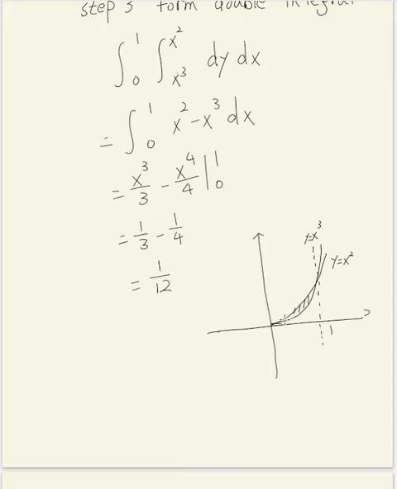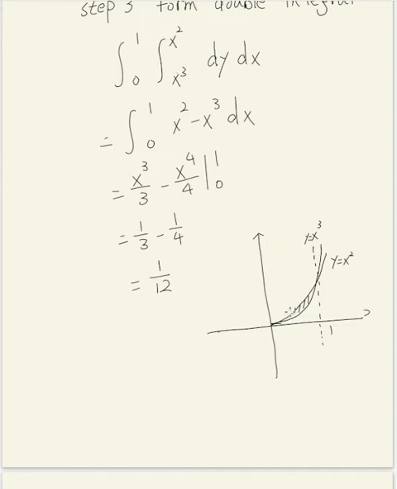We can consider, for example, y equals x squared to be the left bound, right? Because when you look at the interval from 0 to 1, y equals x squared is to the left of y equals x cubed. So who's to say we cannot integrate from left to right first, and then from bottom to top?